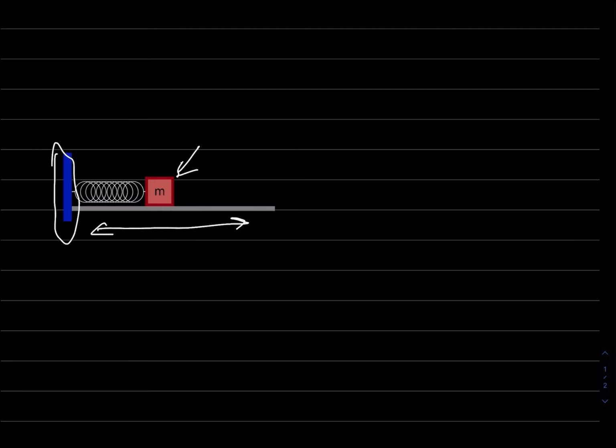A spring is a mechanism such that the force from the spring trying to move an attached mass is proportional to the distance from its equilibrium position. So what does that mean? If the mass is not moving, then the spring is in its equilibrium position.